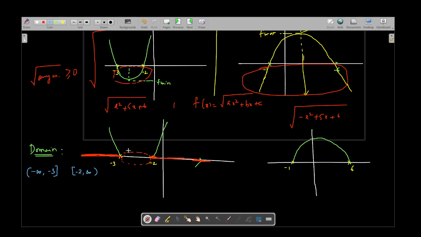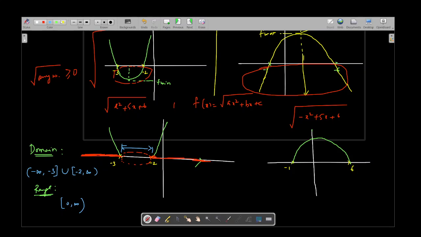The domain does not include the interval from -3 to -2. You can write the domain like this, and the range for this function is 0 to infinity. It is looking up, so it is from 0 to infinity.